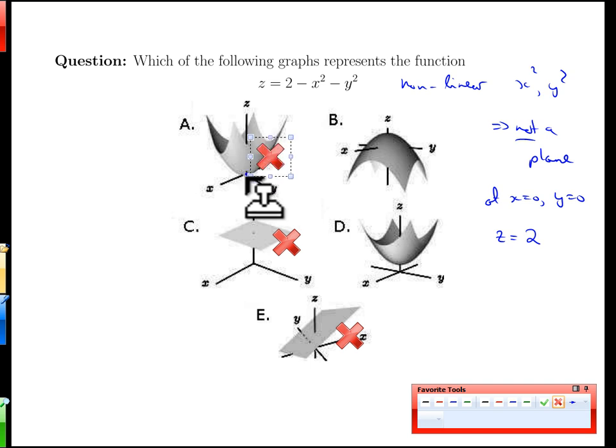The z value here is 0. And these ones, though, both could be at height 2. That's certainly possible for each of these. All right, so we're down to two choices. One parabola opening downwards, one parabolic bowl opening upwards.